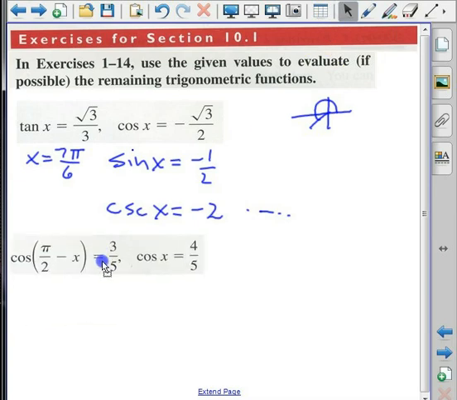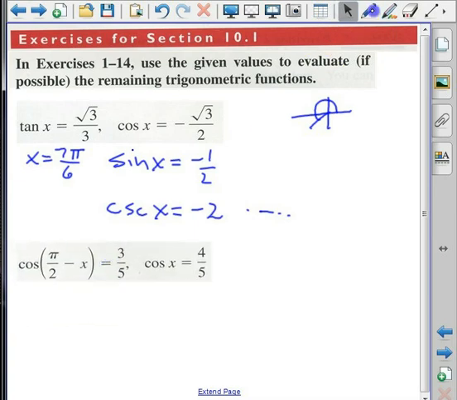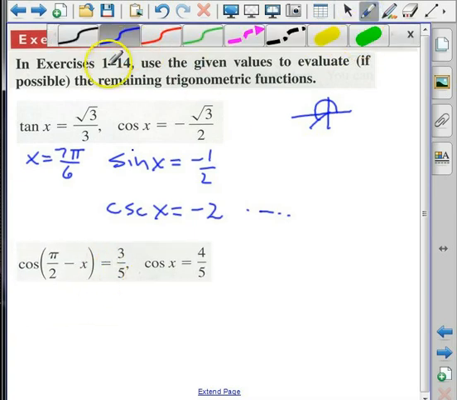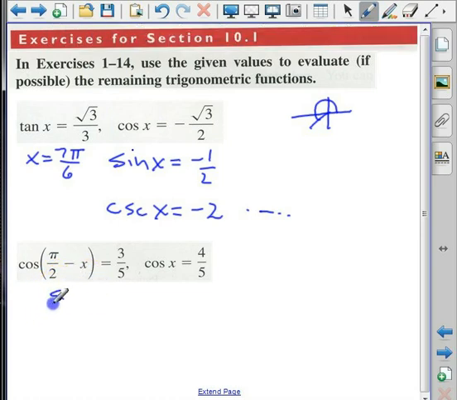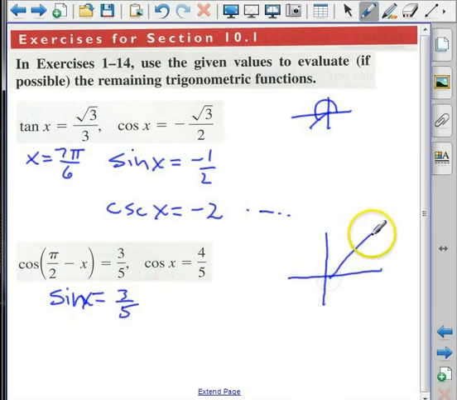Okay, how about this one? Well, cosine of pi over 2 minus x. The cofunction of cosine is sine, so we're saying that sine of x is 3 fifths, and the cosine is 4/5. So since they're both positive, we're in the first quadrant.